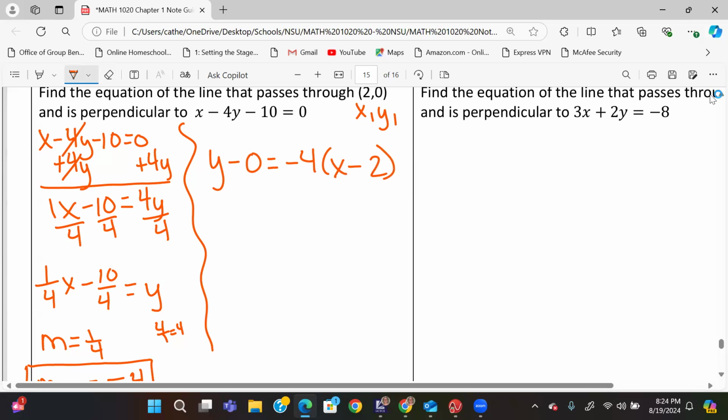Now I don't have any double negatives, but if I look on the left, I have y minus 0, which is just y. From there, I'm going to distribute and multiply the negative 4. So it's negative 4x. Then negative 4 times negative 2 is a positive or plus 8.